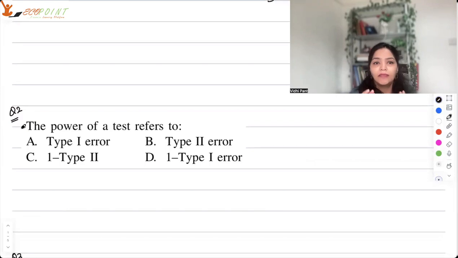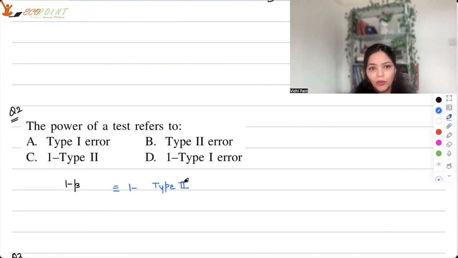Next quick question. The power of a test refers to, it's a very common question asked everywhere. Is it type 1 error? Is it type 2 error? Is it 1 minus type 2 error or 1 minus type 1 error? Well, the power of a test is 1 minus beta, that is 1 minus the type 2 error.